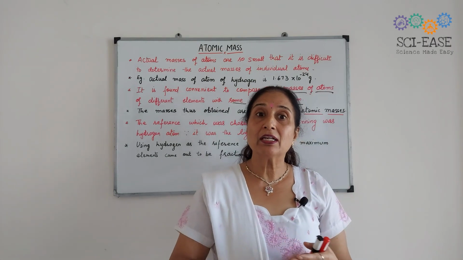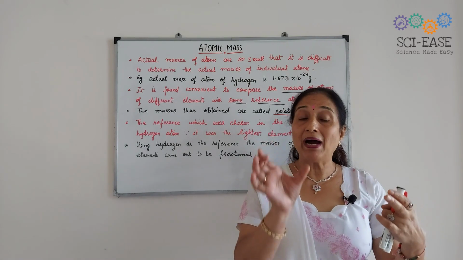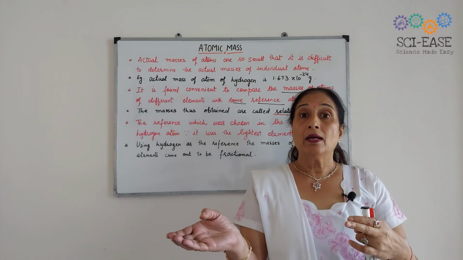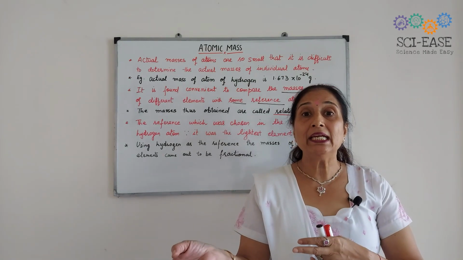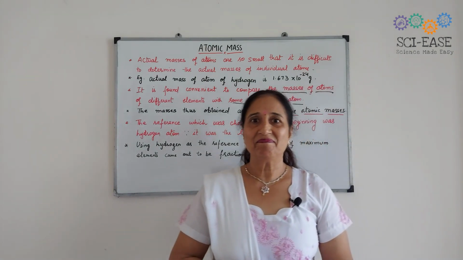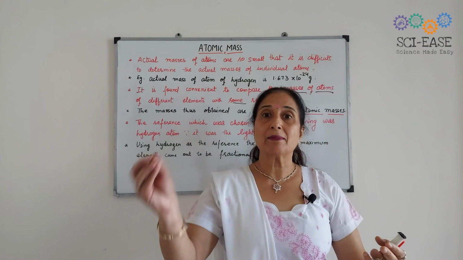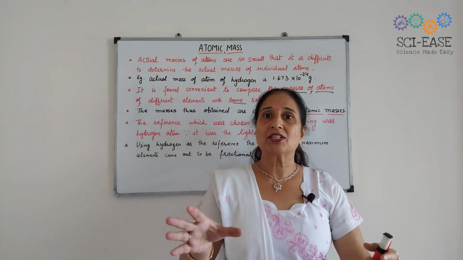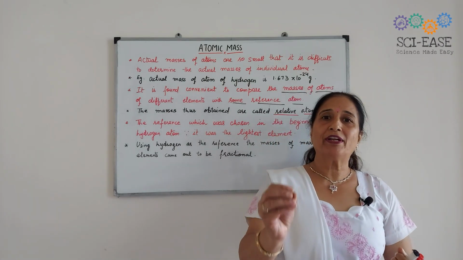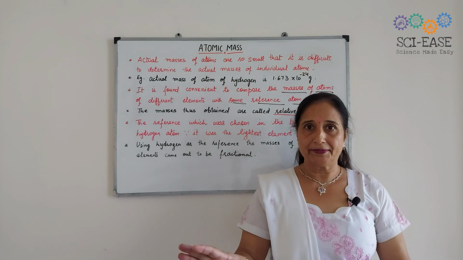But the difficulty was that it was not successful. Why? Because the masses of the other elements came out to be in fractions. So again, the problem is that to remember the masses in fractions or to weigh substances in fractions is very difficult. So the idea of taking hydrogen as a reference was dropped.